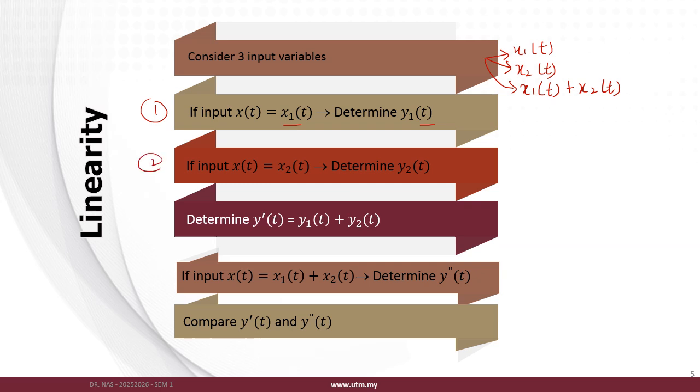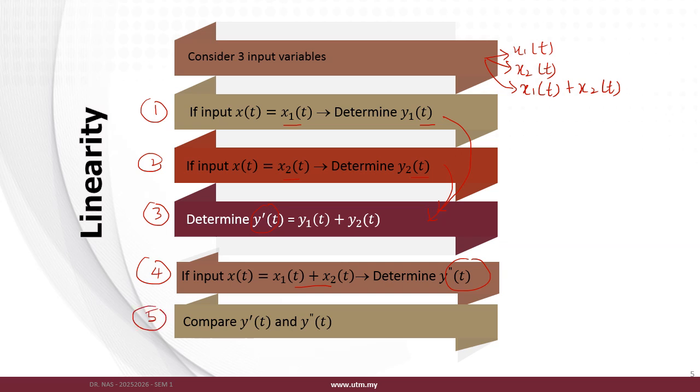The second one, if the input now is x2(t), determine y2(t). And the third step, you need to determine y prime(t), which is y1(t) plus y2(t) added together. Next, you need to determine y double prime(t) if the input now is x1(t) plus x2(t).